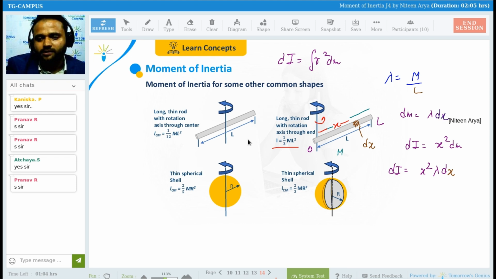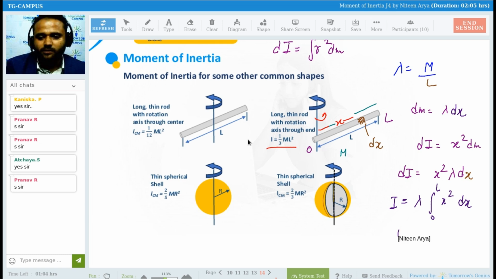Clear? Now I want to find the total moment of inertia. So that is I equals integral from 0 to L, rho is taken out, x square dx. The integration of x square dx gives 1 by 3 L to the power 3.